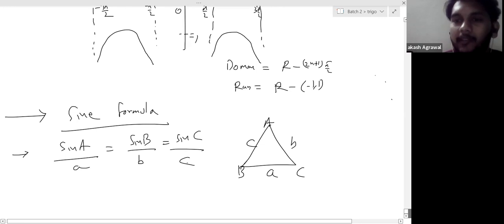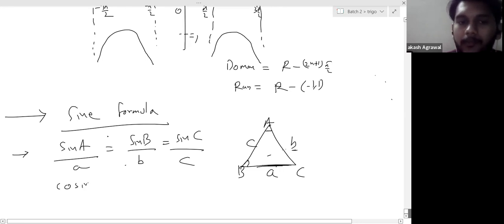This is true for every triangle. Sine of angle A upon the side opposite this angle equals sine of this angle upon its opposite side, and so on. This is true for all triangles.